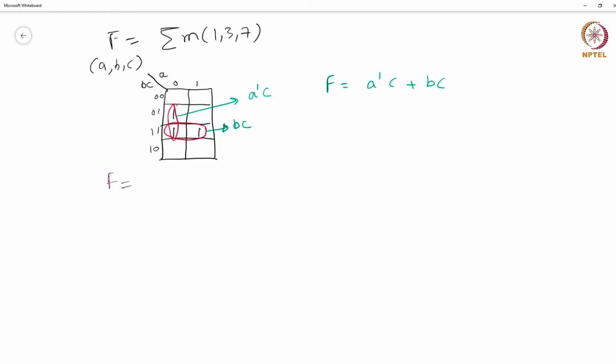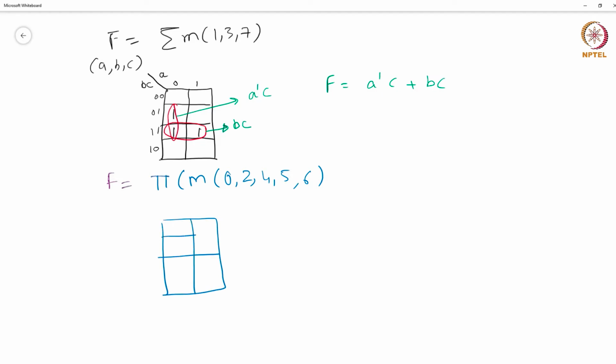So this f can be written as the product of M 0, 2, 4, 5 and 6. Again I'll draw this table or K-map. In the similar way, there would be A here, this is B and C, this is 0 0, 0 1, 1 1, 1 0.